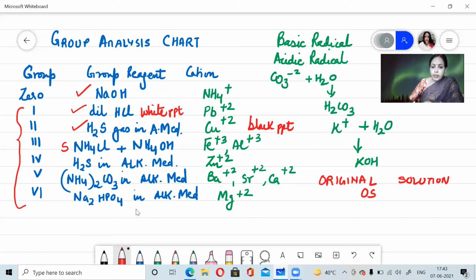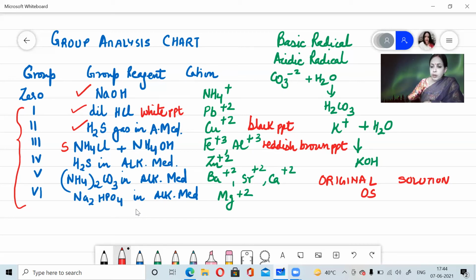If you get a reddish brown precipitate, then it confirms the presence of group 3, because confirmation of the cation is always done after the confirmation of the group. So if a reddish brown precipitate is present, it confirms that the third group is present. We can always filter the solution and confirm the presence of ferric ion by its particular test.